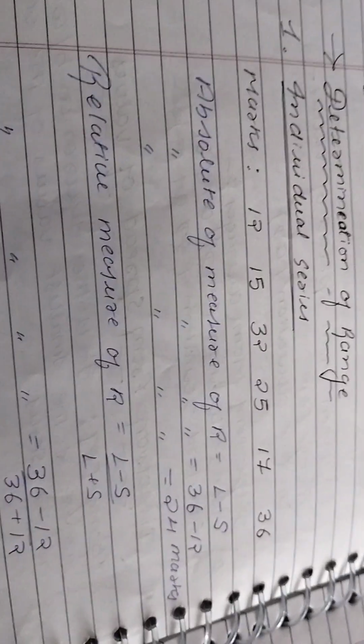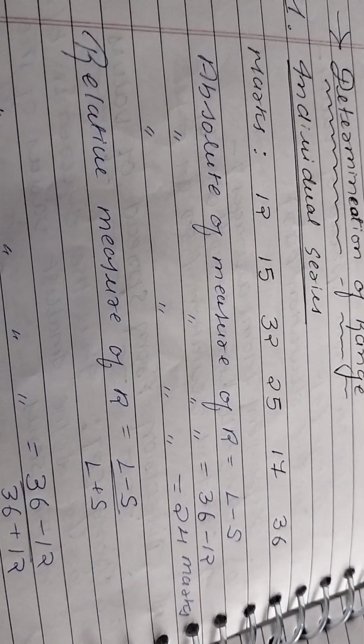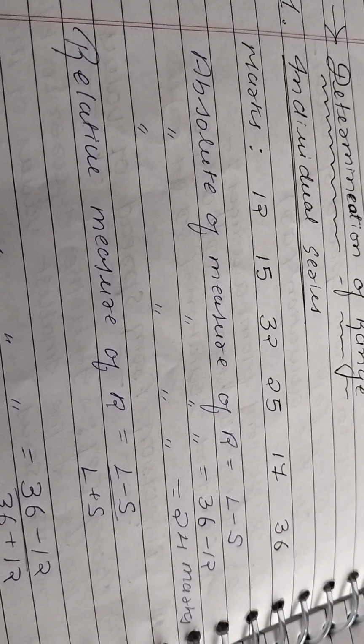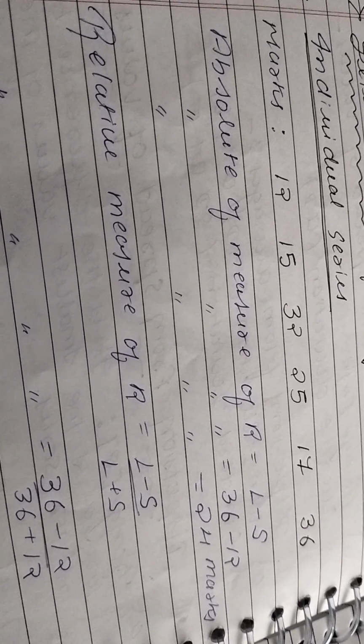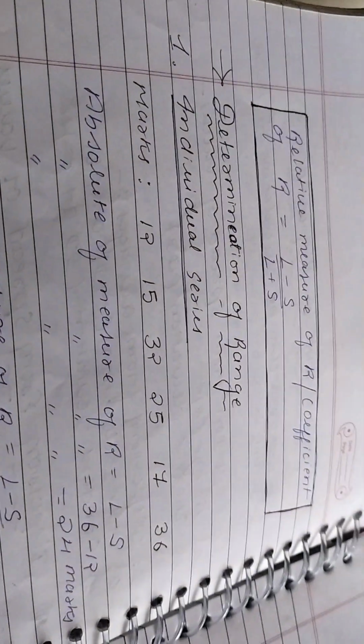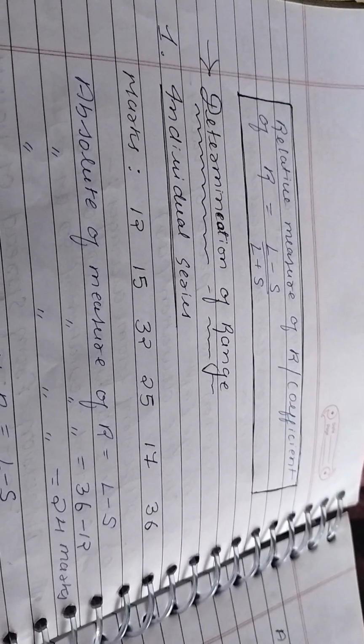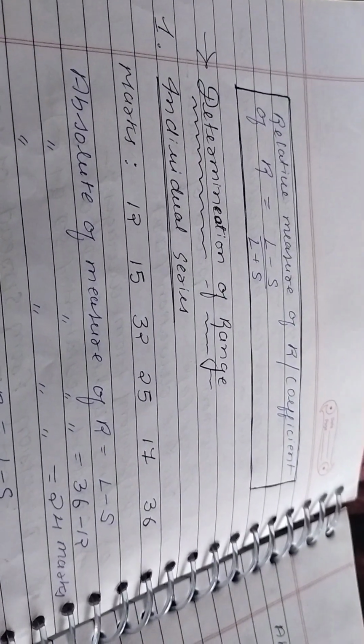So there are series like marks 12, 15, 32, 25, 17 and 36. As we have studied already, there are many kinds of series like individual series, discrete series and continuous series.